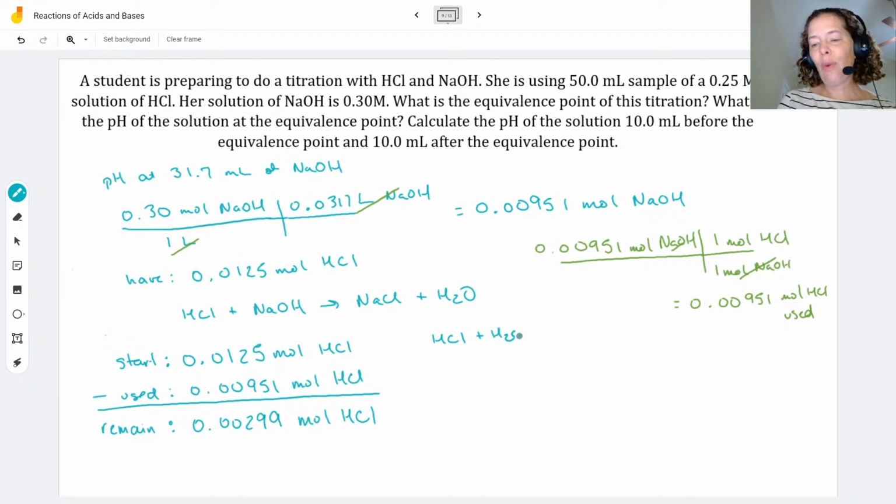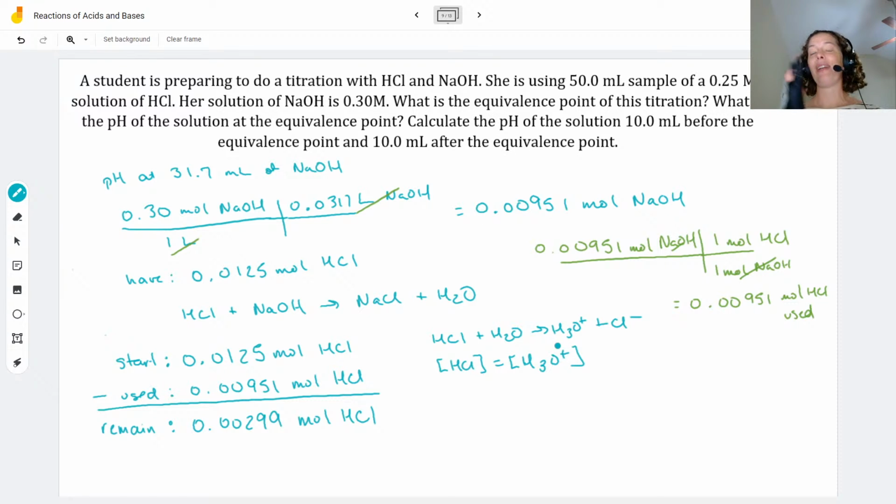When we put it in water, we get hydronium and chloride anion. It's just a forward reaction, which means my concentration of hydrochloric acid is my concentration of hydronium. That's the great thing about having a strong acid. You only have the forward reaction. We don't have to do equilibrium.